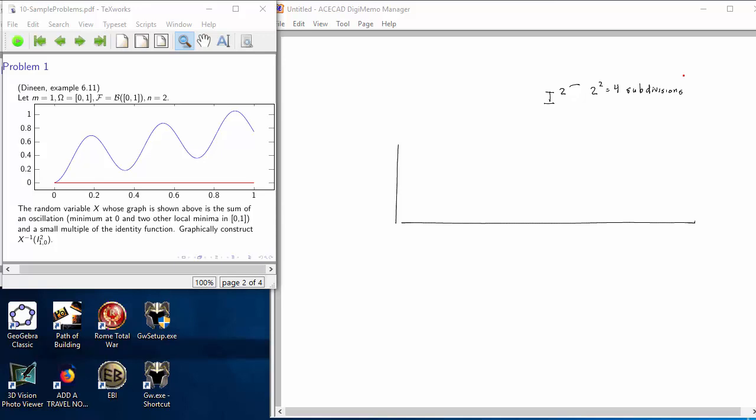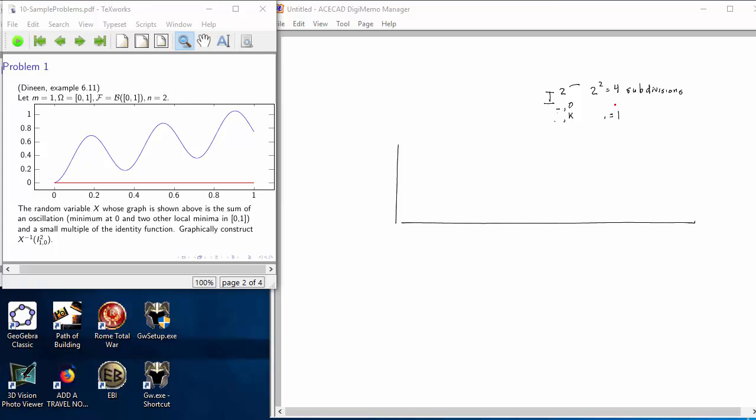And the lower subscripts 1 and 0 are j and k respectively. And we're also given that m equals 1. So what does this all mean?